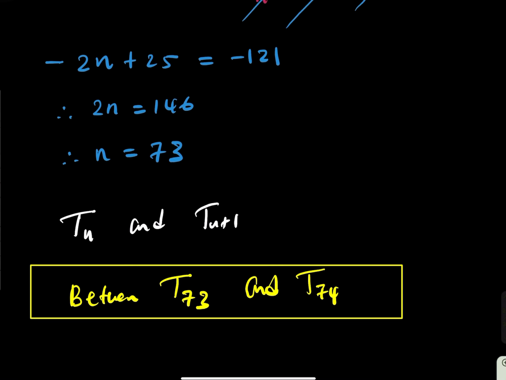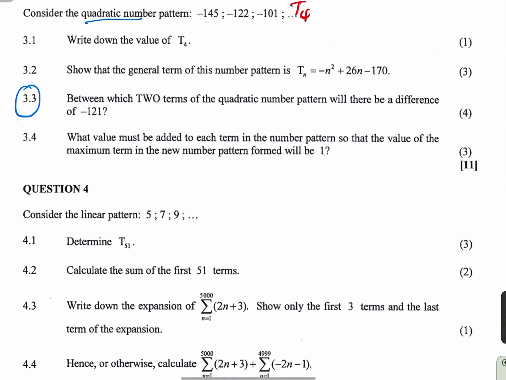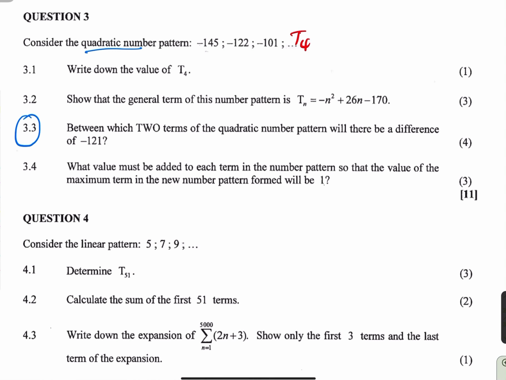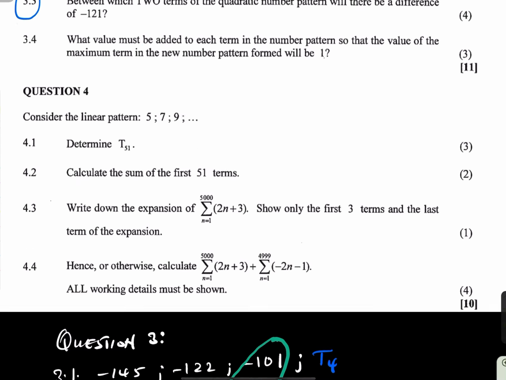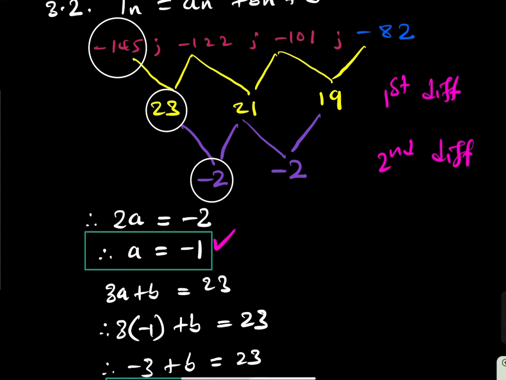But think about the way it's asked. Sometimes they interchange with the first difference. So what you will do is find the general term of the first difference. Alternatively, you can find the general term of the first difference. In fact, we can do that here just to clarify something.